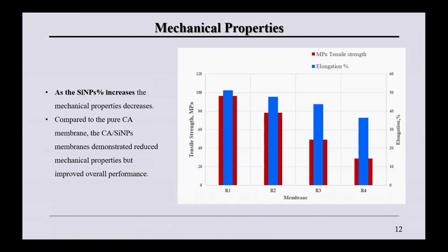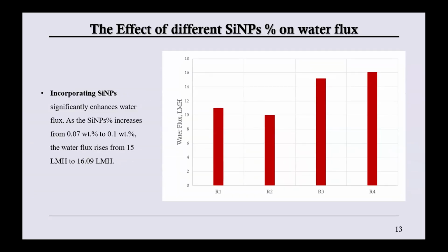The results we got after using these membrane samples for the desalination of produced water make it clear that increasing the silicon nanoparticles decreases the mechanical strength of the membrane. But we note that the overall performance of the membrane increases. Increasing the silicon nanoparticles also increases the water flux.